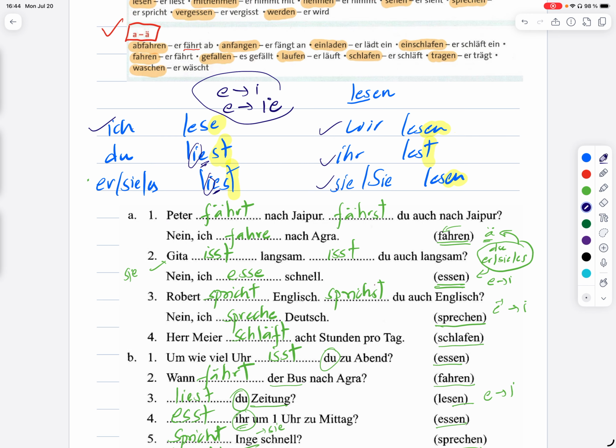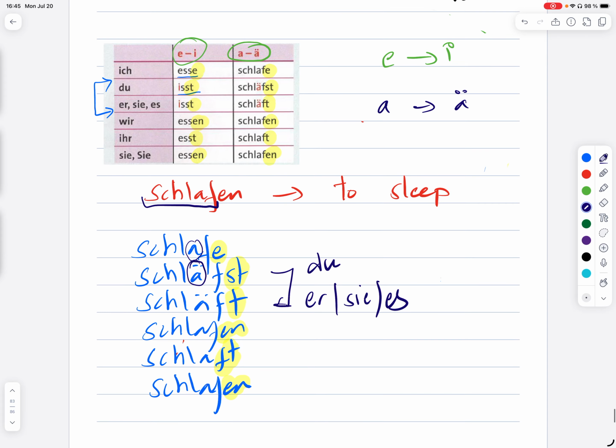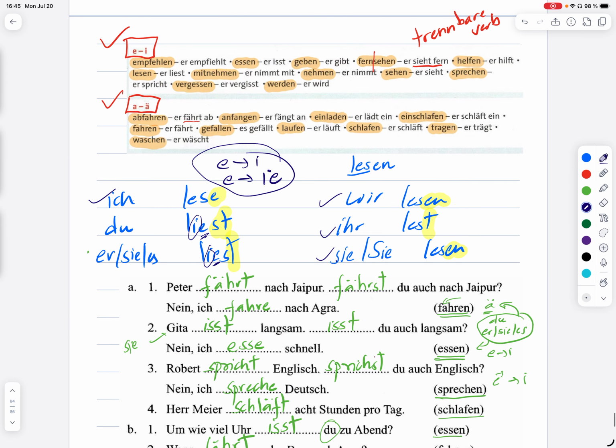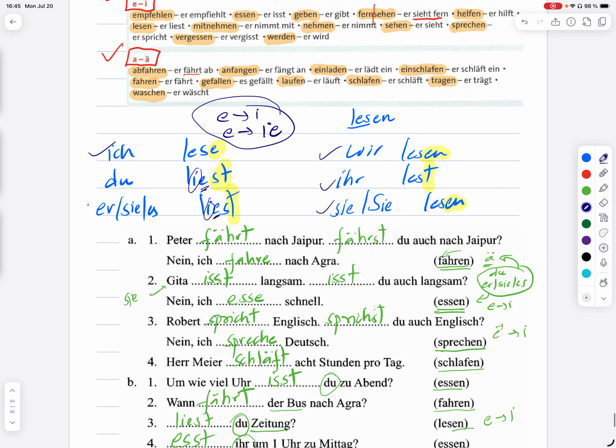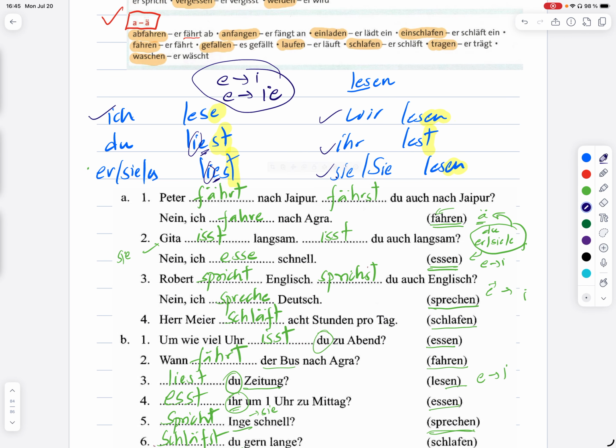So this is almost similar changes depending on the verb. You can see where it is happening, right? For the example of essen, we had isst, which was not changing with ie, just the i. So if you look above, we had just the change of i. But in lesen, we have ie going on. So this you also see sometimes in the verbs, where not just i, ie also happens.